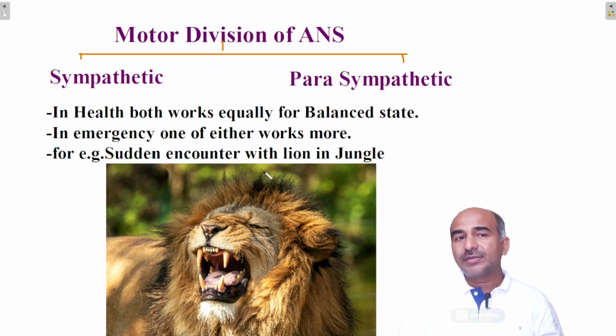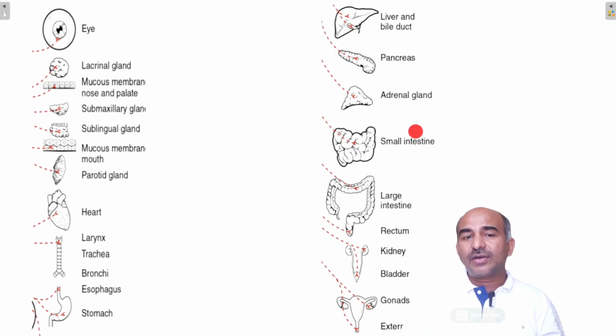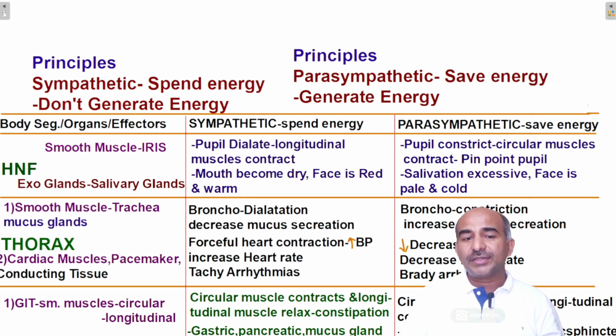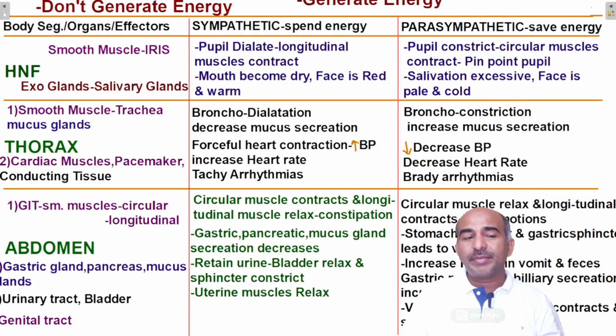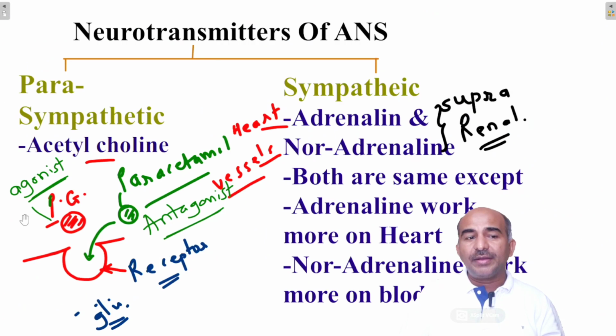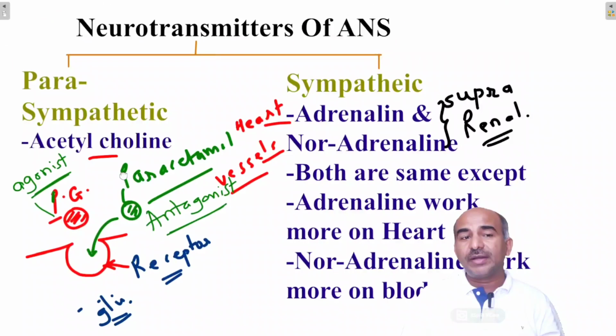I told you, with the example of extreme emergency, how the functions work when this system starts, and these are the organs listed here and all the actions. I told you about the sympathetic and parasympathetic, and we have seen how this system acts. These act through neurotransmitter chemicals through neurons.